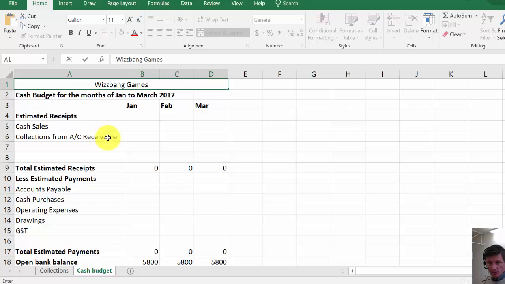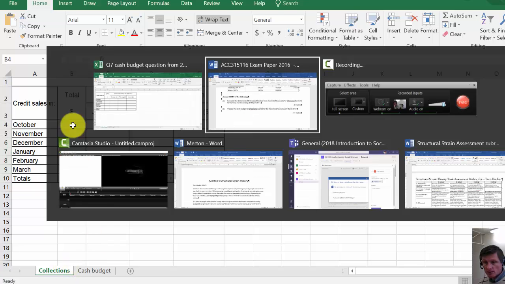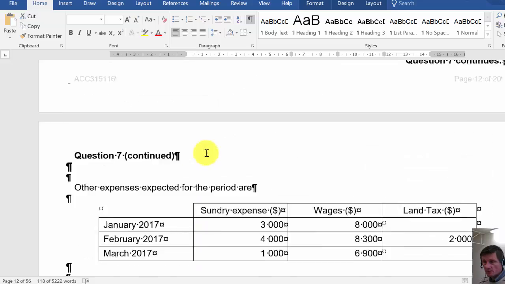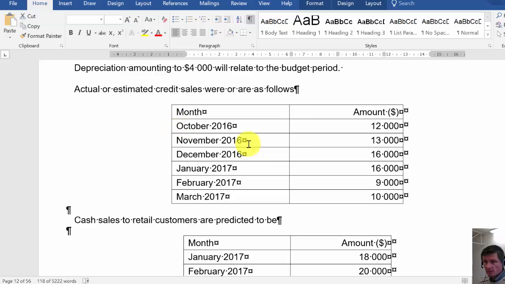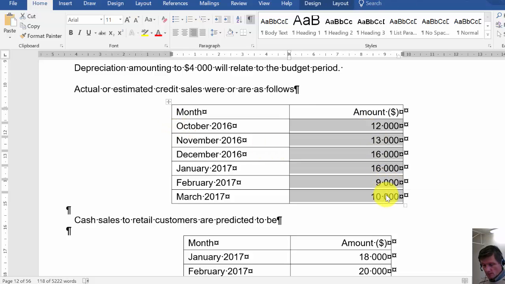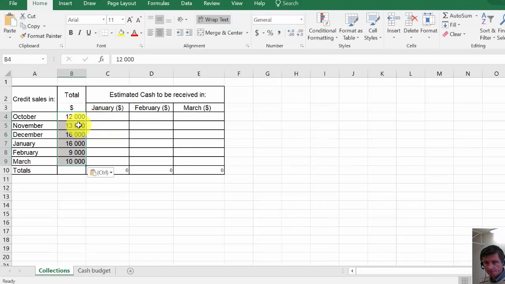So this is our cash budget, and the collections of accounts receivable is linked to the collections here, which I'm going to start on now. So let me put in the details from the question. All right. So the estimated credit sales were these ones. I'm going to copy them in there.